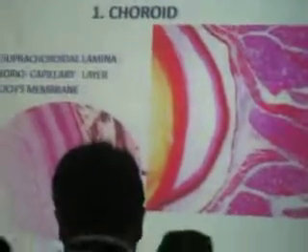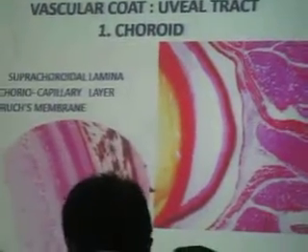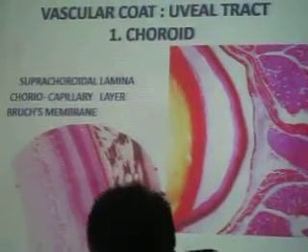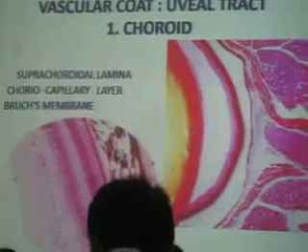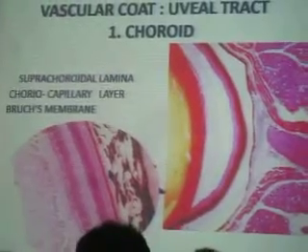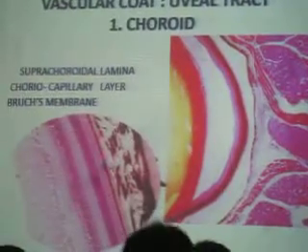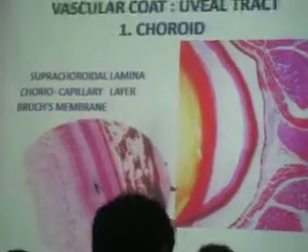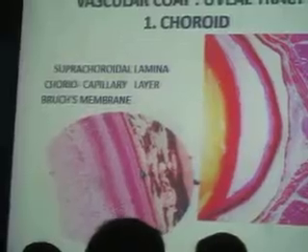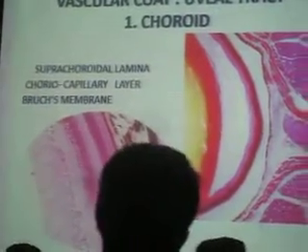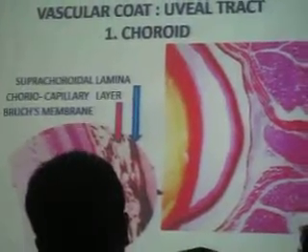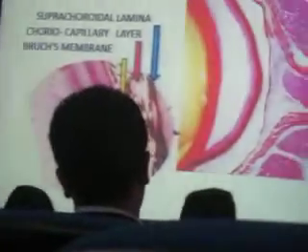Compared with the choriocapillary layer, well, you have here the cross-section of your capillaries. So a little pinkish, open spaces there. Then the clear area is your Bruch's membrane. So your Bruch's membrane is intimately related to the first layer of your retina, which is your pigment epithelium. Okay? There, suprachoroidal layer or lamina, choriocapillary layer, and then Bruch's membrane.